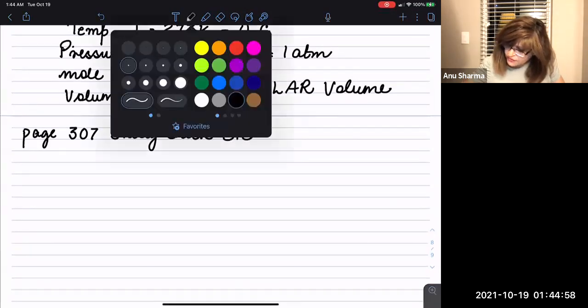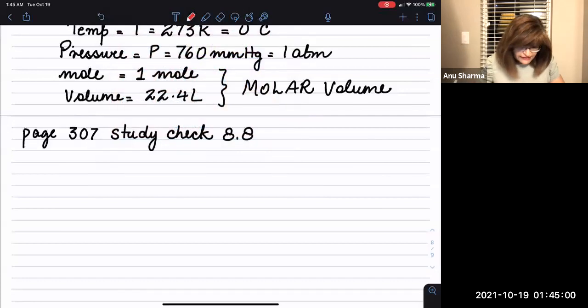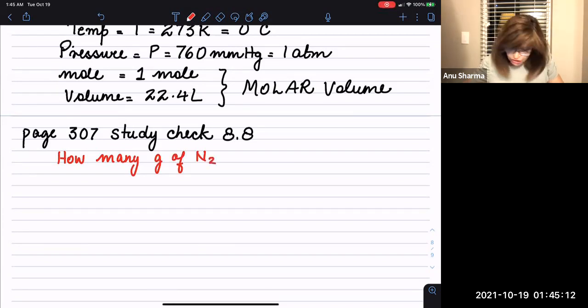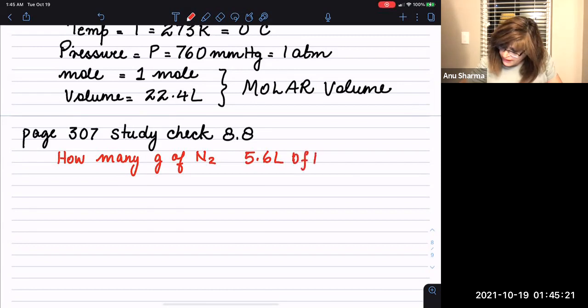The question is: how many grams of nitrogen gas are in 5.6 liters of nitrogen at STP?